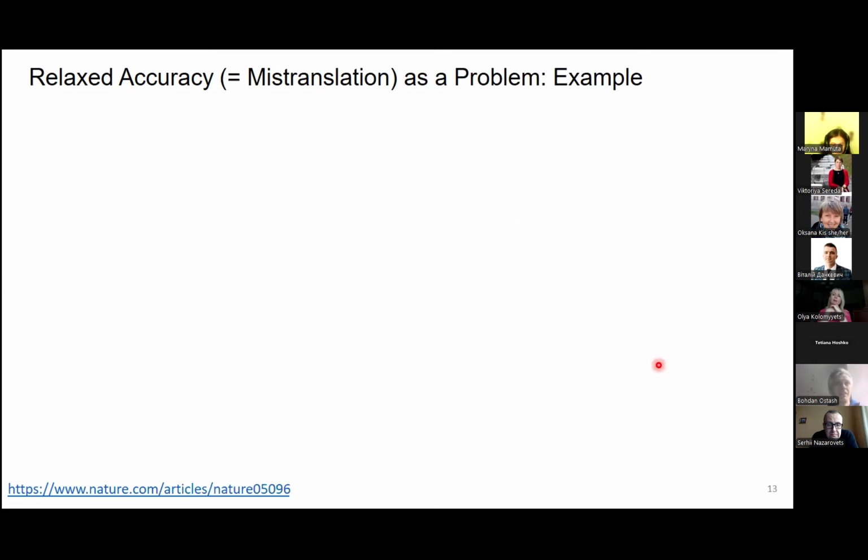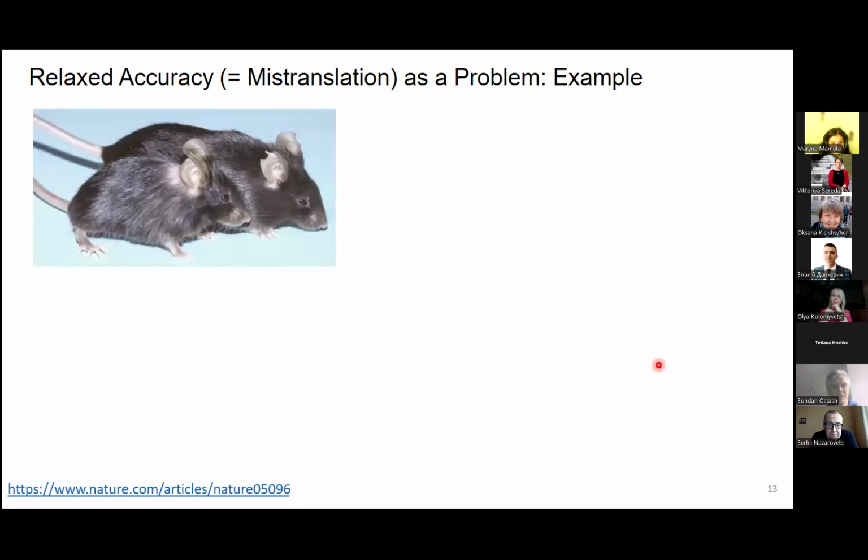Here is another example of how mistranslation could be a problem. Now we move to animals, something more interesting. On the picture you see 2 mice. The one to the rear is called a wild type, or normal mouse, and the one to the front is a so-called sticky mouse. They are of the same age, 6-week-old mice.